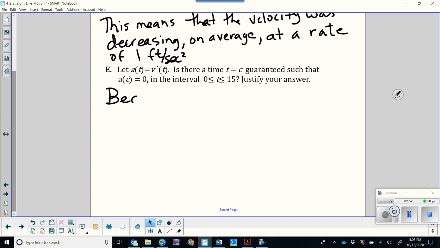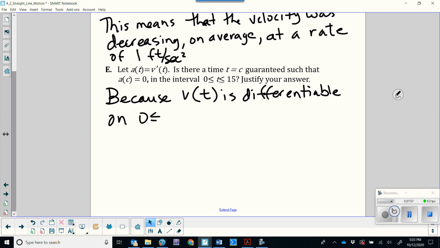So again, we have to say, because V of t is differentiable, because that was given in the beginning, on that interval, then acceleration is continuous. Okay, so that's important again. Differentiable implies it's continuous.